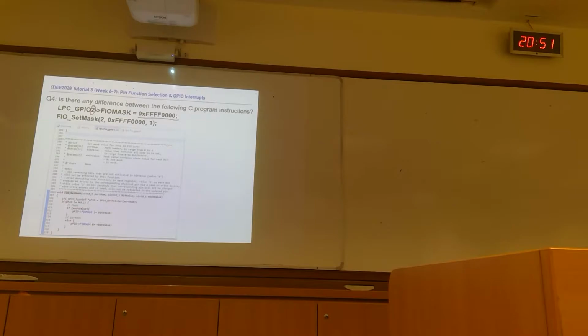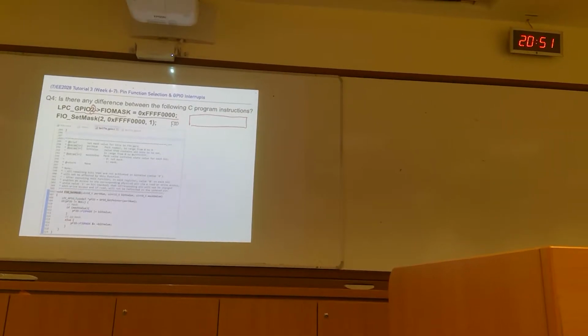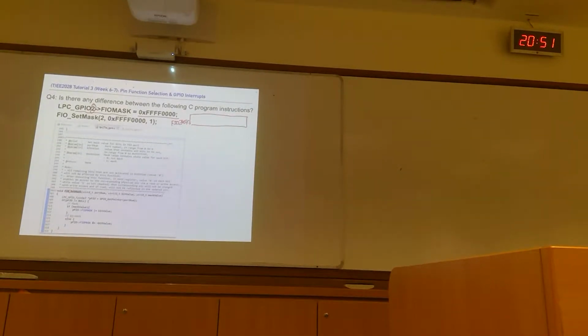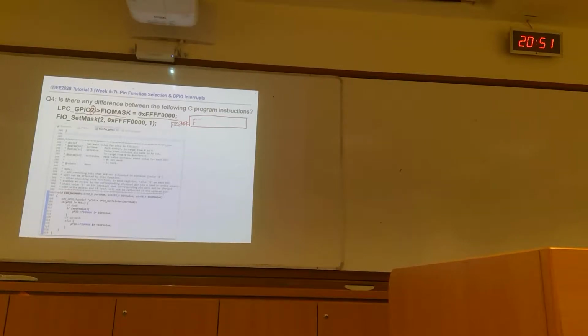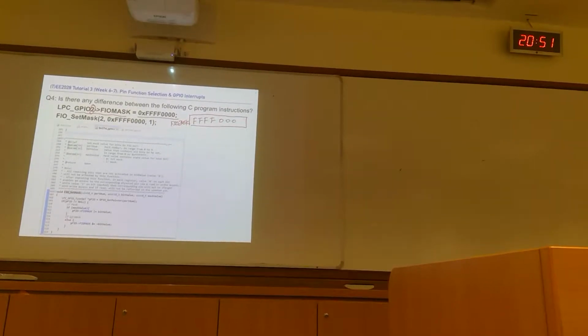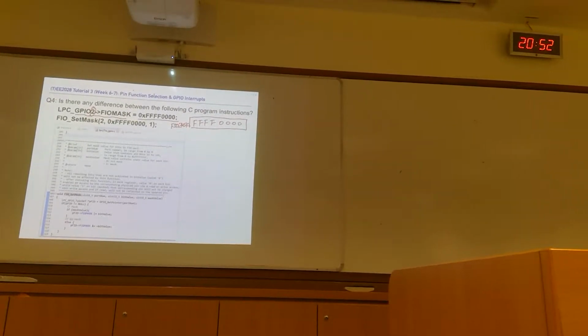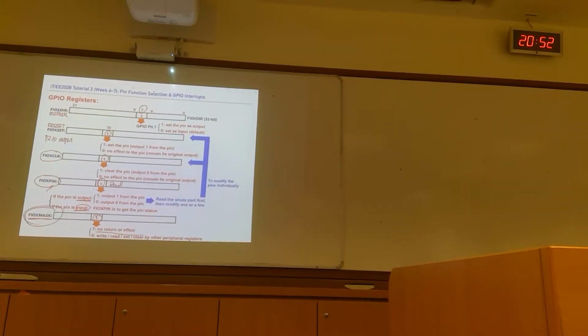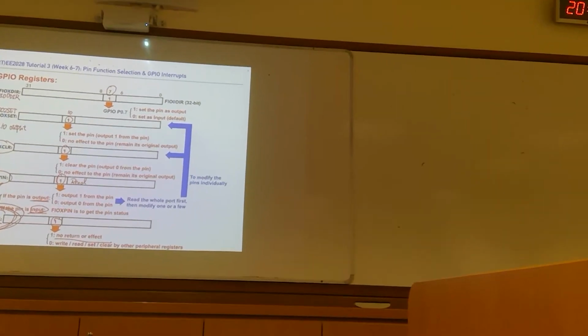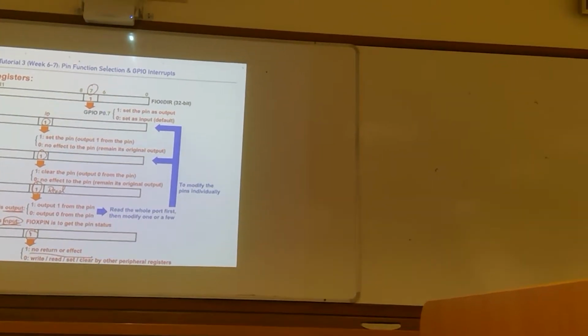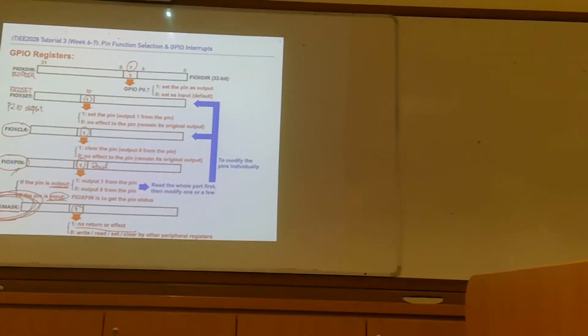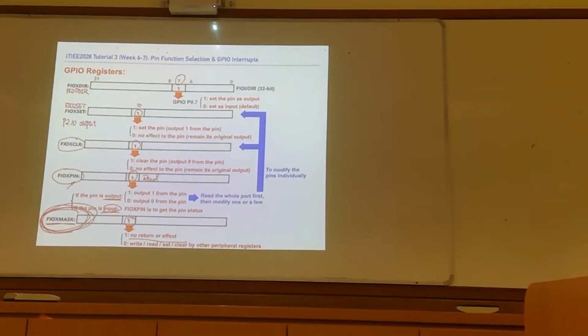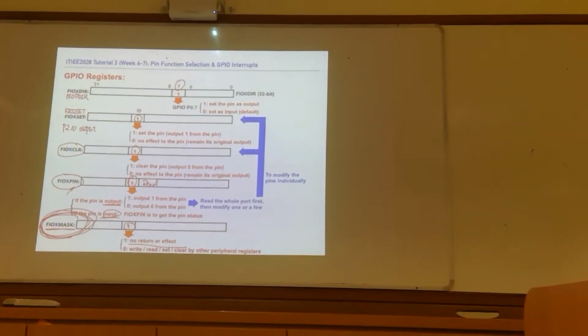Okay, the first line basically means you want your FIO2 mask to be holding this value FFFF0000. Okay, you are giving a value to this register. Okay, so basically your register becomes this value.